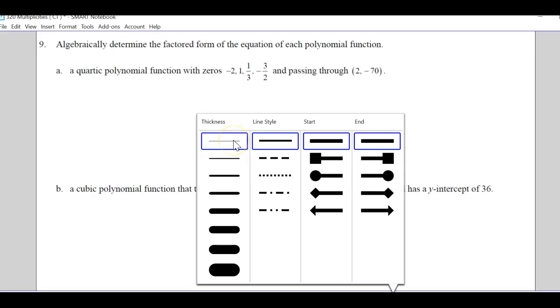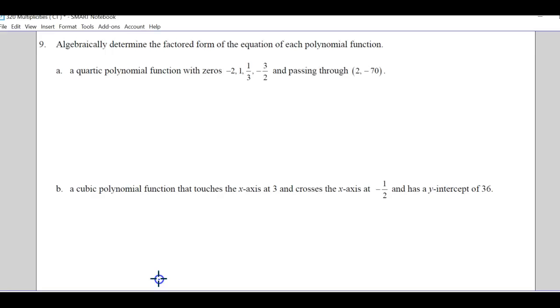Okay, so next one, algebraically determine the factored form of each polynomial function. So a quartic is degree 4. You'll notice we have 4 zeros. So they're all going to have multiplicity of 1. So we can set up, we don't know what the leading coefficient is, but we know the factors. So x plus 2, x minus 1, 3x minus 1, and then 2x plus 3.